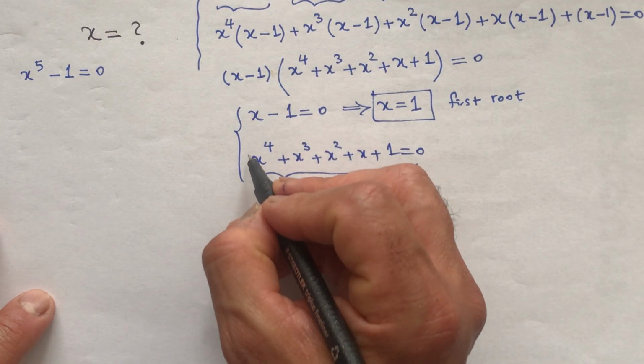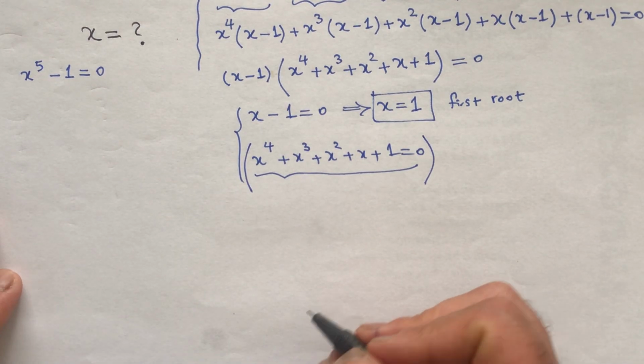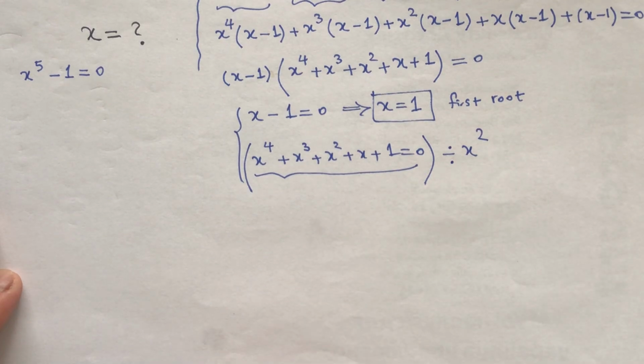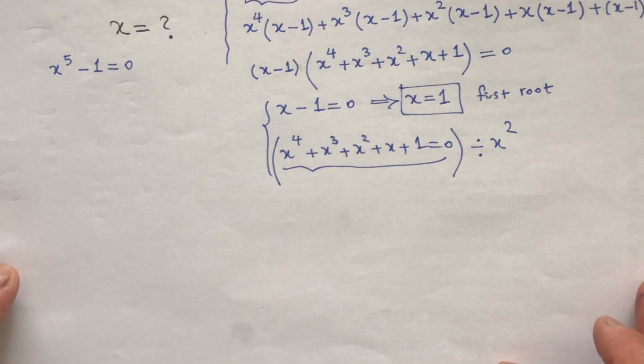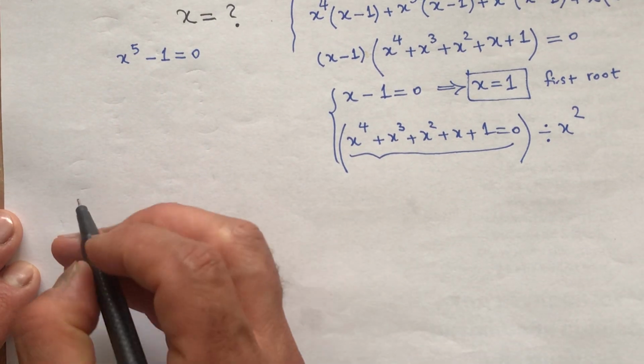And my trick is that I divide both sides of this equation by x squared.